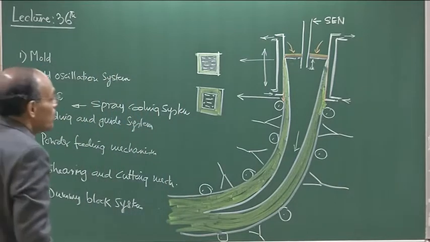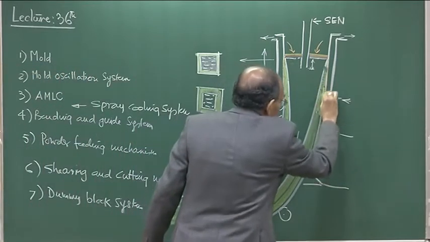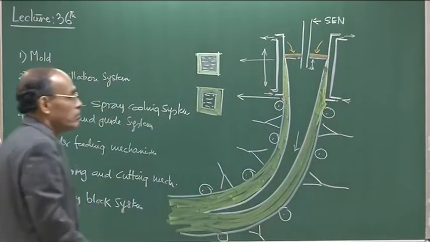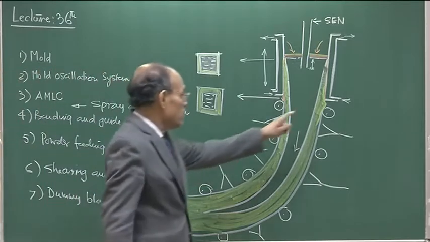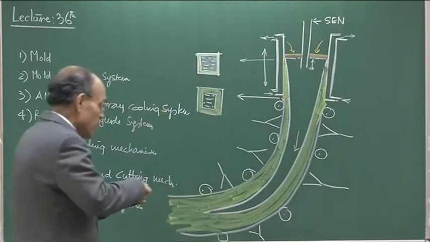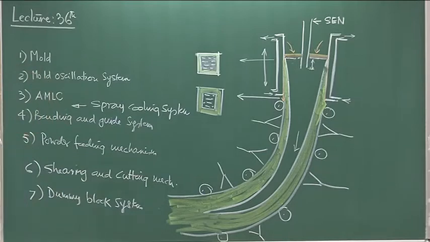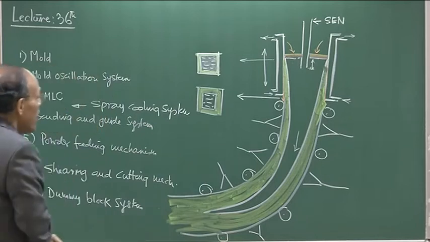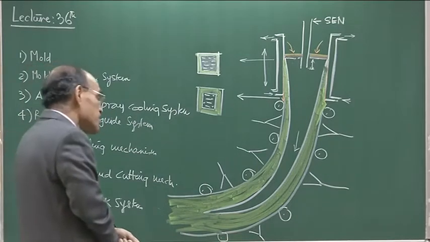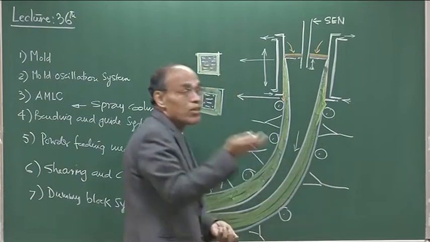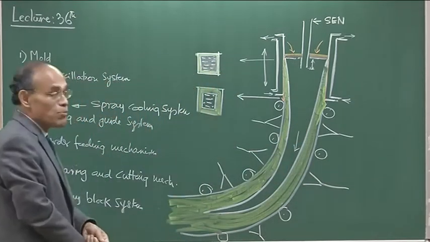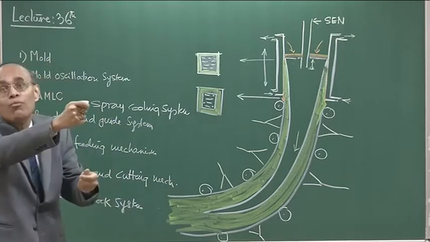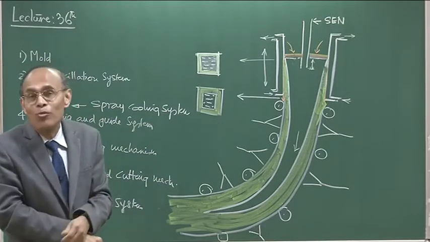If there is a large ferrostatic pressure, and this kind of scenario takes place, then there is an alarm system in the continuous casting machine, and that alarm system, which is essentially thermocouple driven, tells the operator to reduce the casting speed, because then the material will stay in the mold for a longer amount of time, more heat transfer will take place, and the shell is going to be bigger.